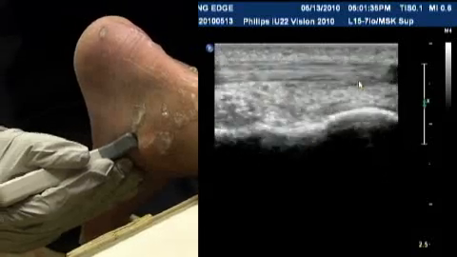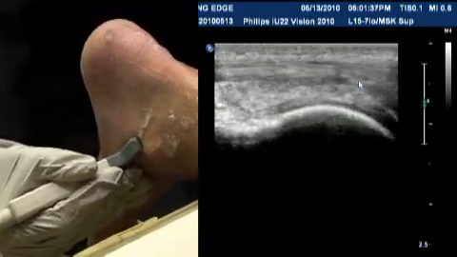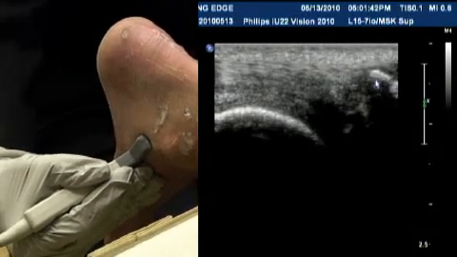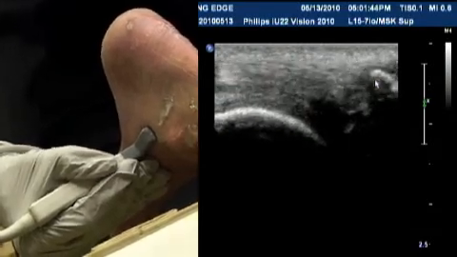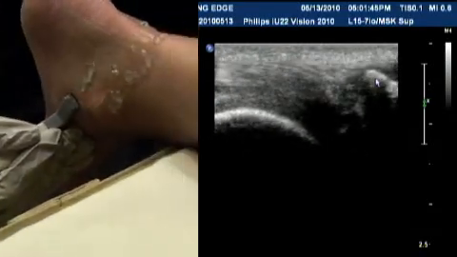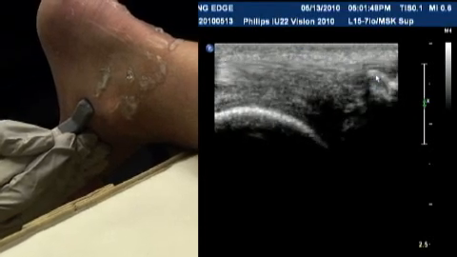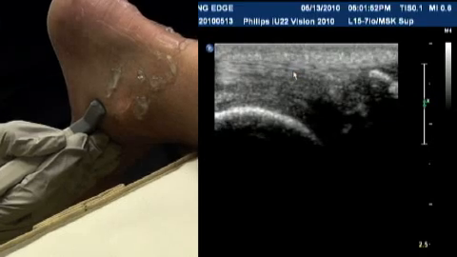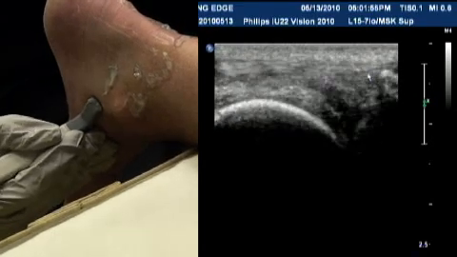As you move down, you can see it's going to go and insert onto the navicular. And there's the navicular coming in on the right side of your screen, which is the bone that looks calcified, obviously. And then there's the insertion from the posterior tibial tendon onto the navicular.